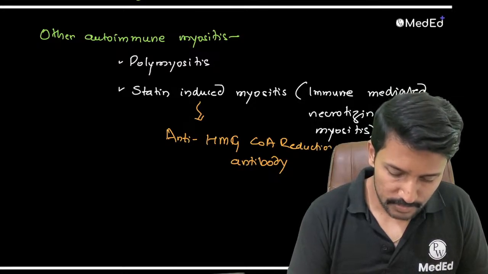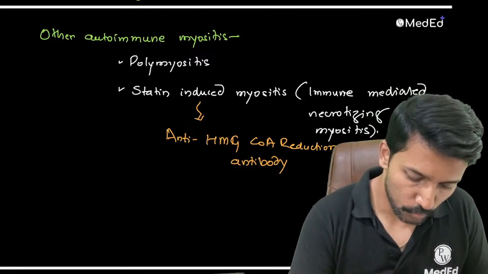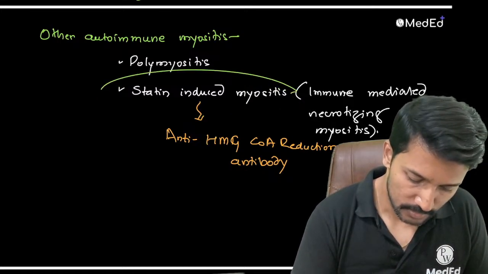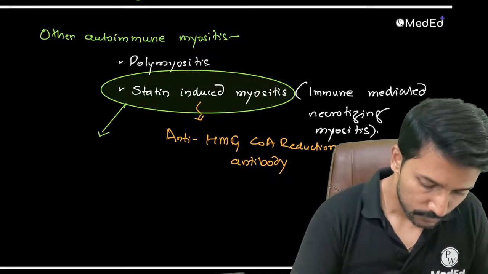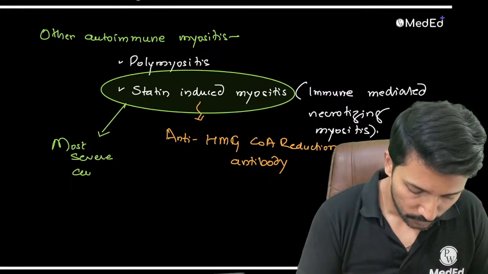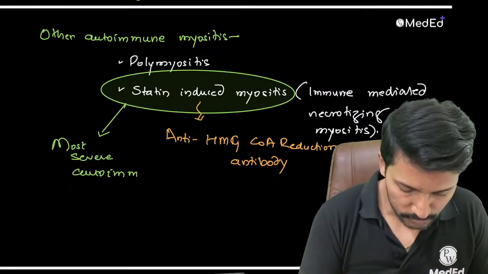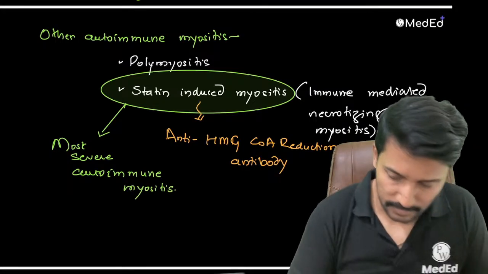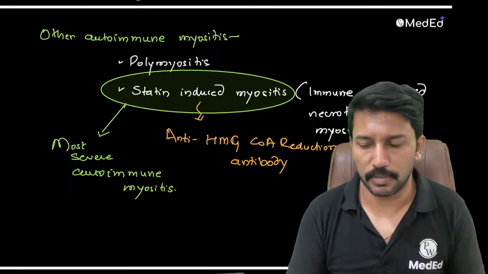Please remember, this can be an MCQ. This is the most severe autoimmune myositis. How do we treat? Stop giving the statins and give steroids and immunosuppressants for some time.